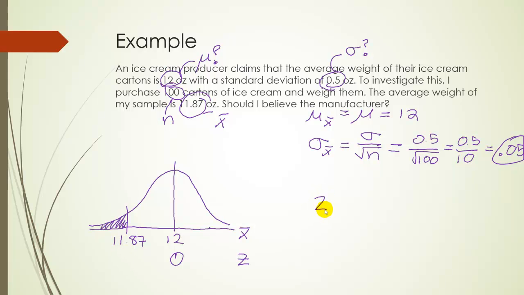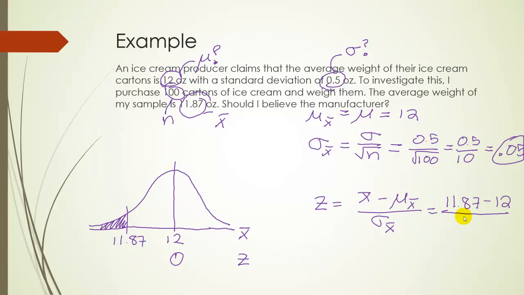Remember our z-score from before was x minus mu over sigma? That's not going to work this time because we don't have x values, we have x bar values. So really I want to do x bar minus the average x bar divided by the standard deviation of the x bars. My x bar is 11.87. The average x bar, if the manufacturer is telling the truth, is 12.